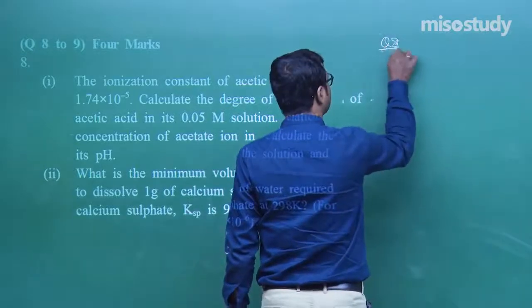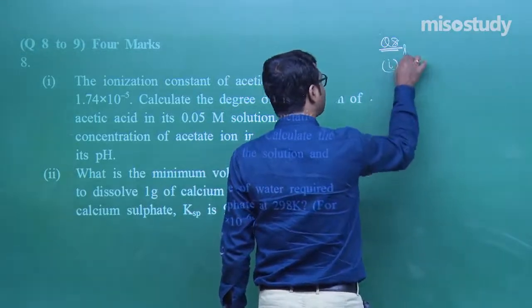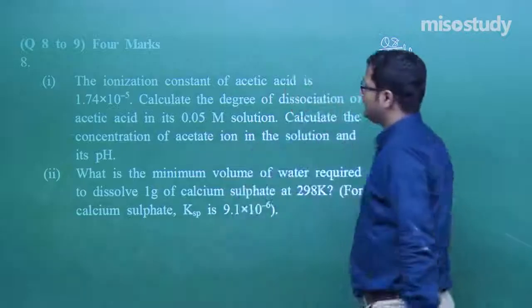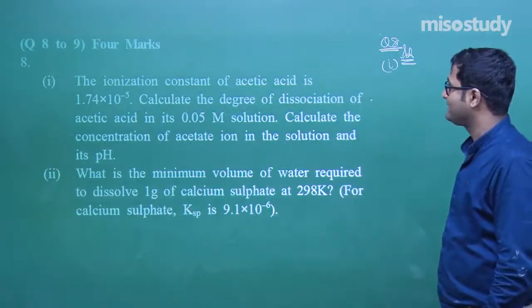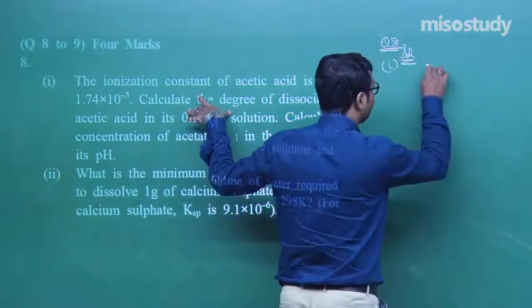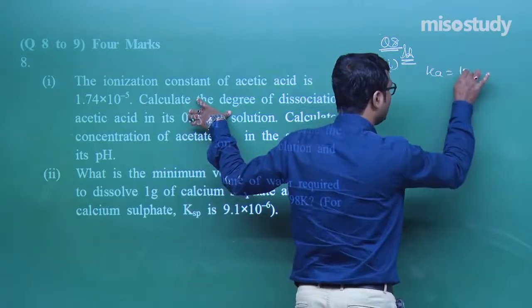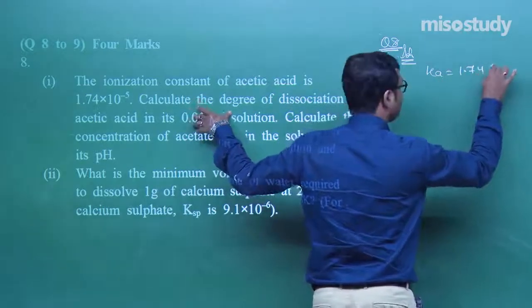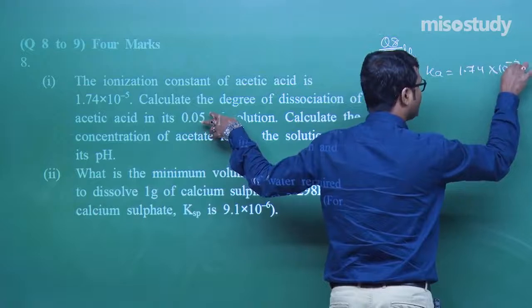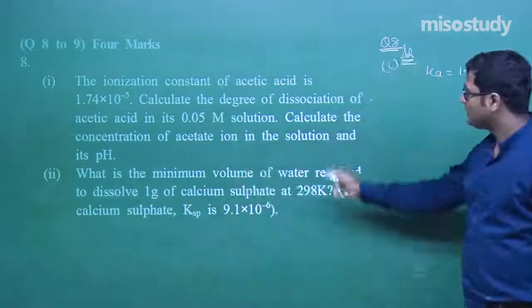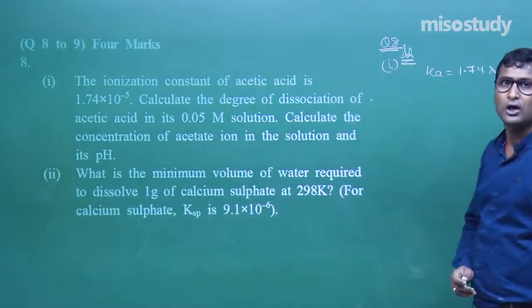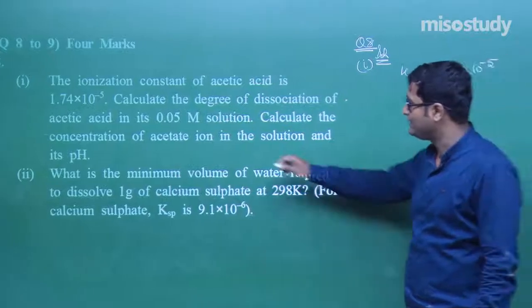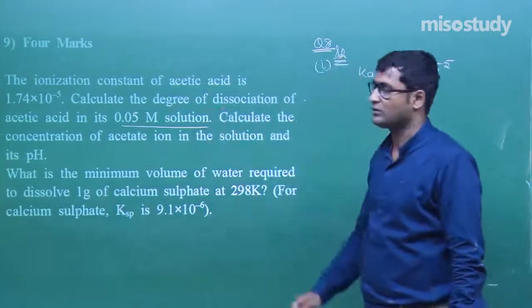Question number 8. The ionization constant for acetic acid is given, that is Ka is 1.74 into 10 to the power minus 5. Calculate the degree of dissociation of acetic acid in 0.05 molar solution.